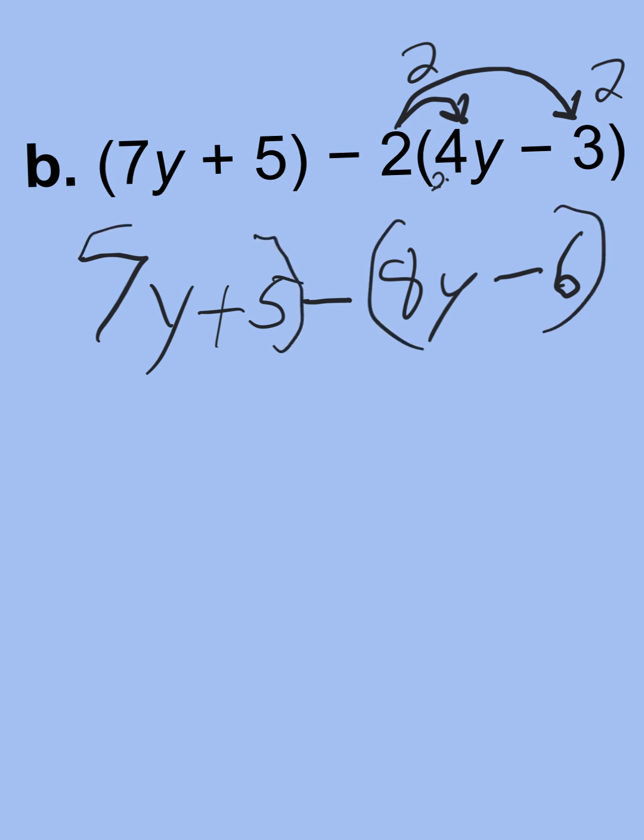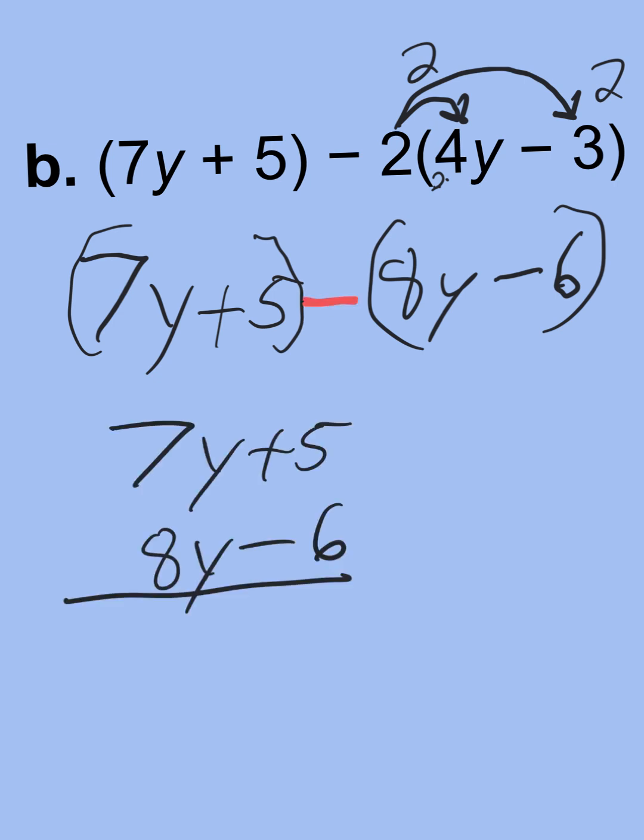All right, now we're going to set this up for subtraction. Okay, so remember we have this and we're subtracting this. Put it underneath, and this is so important. Remember, we're not just subtracting the 8y, we're also subtracting the negative 6. So I want to see the red minus sign.